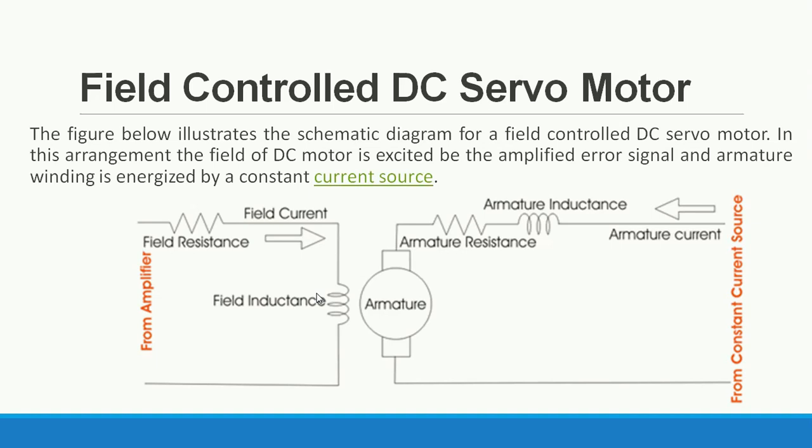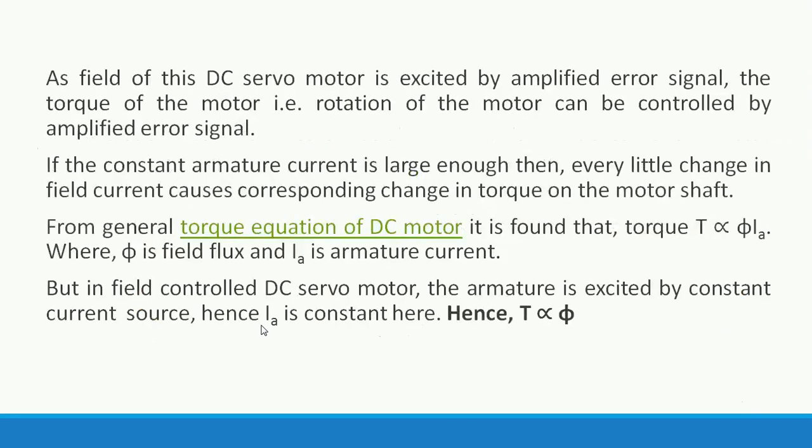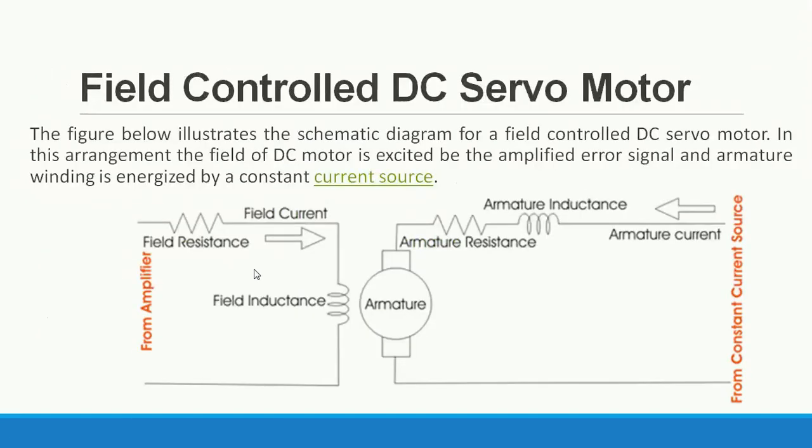So what happens, and what are the different things about this? Let us see. As the field of the DC servo motor is excited by the amplified error signal, the torque of the motor, that is the rotation of the motor, can be controlled by the amplified error signal.